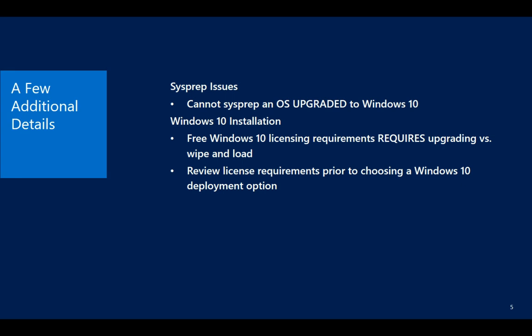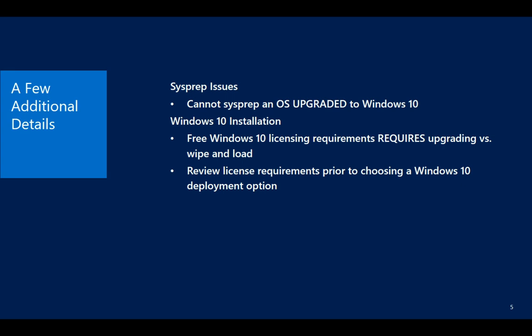And then Windows 10 installation. This isn't, I guess, strictly imaging, but it is tied along with it. So license requirements, not a licensing guru. Definitely please check the license requirements out there whenever this video is consumed. But know that the free Windows 10, at least at the time of this video, the free Windows 10 licensing requirements absolutely requires upgrading, right? Not wipe and load.